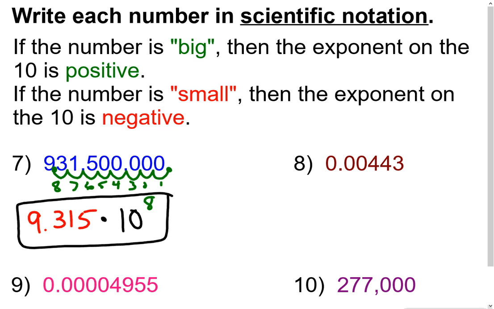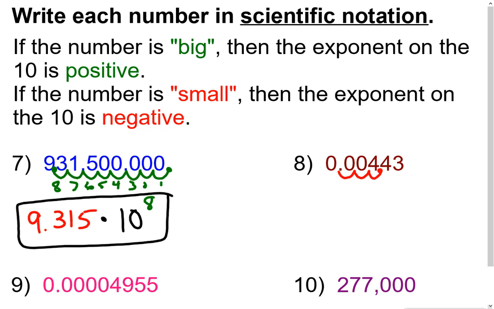Now my example 8 here, I'm going to do the same thing. But this time, I notice I have a small number. Therefore, the exponent on the 10 is going to have to be negative. I'm going to start where my decimal's at. I'm going to move it over until I get to a number that's between 1 and 10. Right there. If I bring it to right here, I'm at 4.43. That's between 1 and 10.